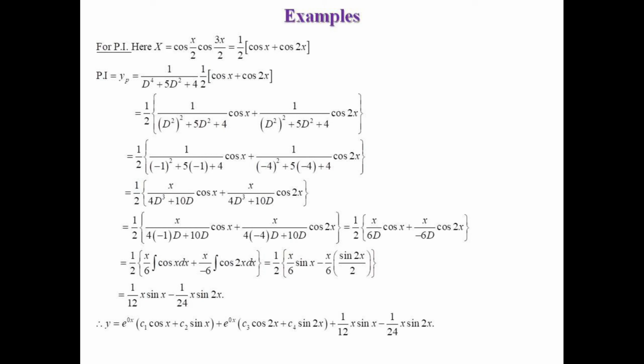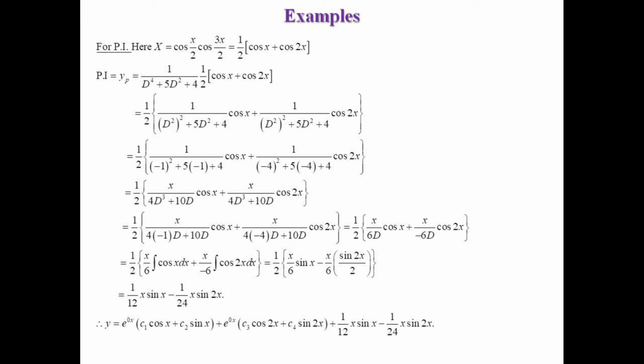Plus again, in the second term also we get the cos of 2x term, so let's write down D raised to 4 as D square its square, so that we can easily replace D square by a square with minus sign.